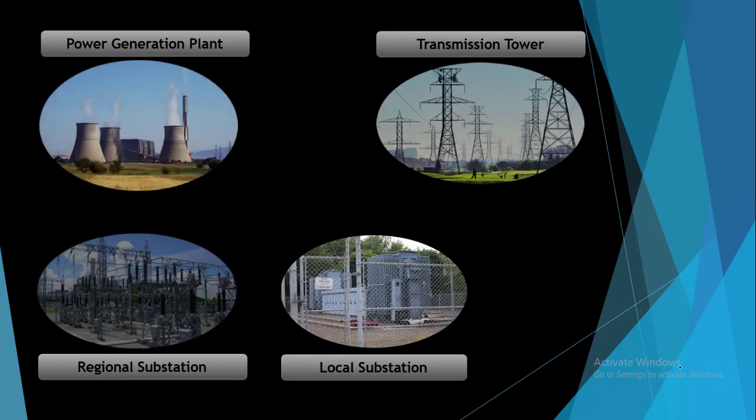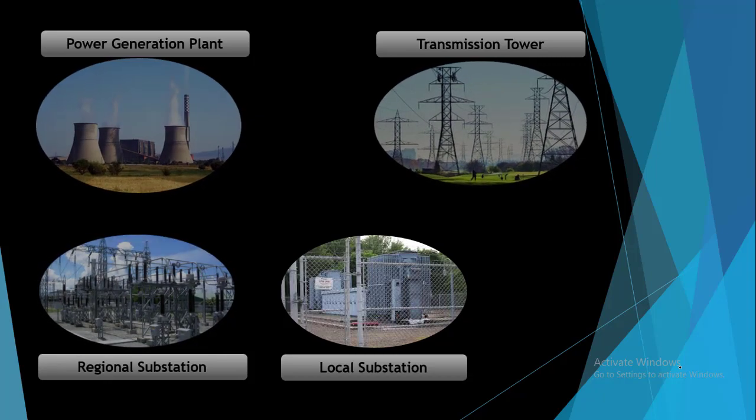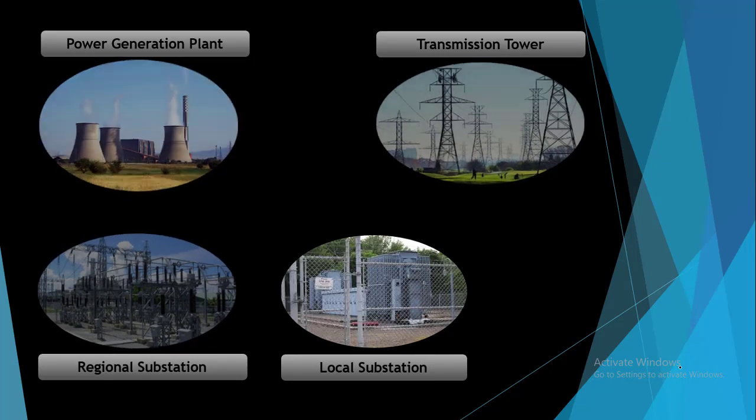The regional substations have huge transformers that pull the power from the power generation plants through the transmission towers. Once the power reaches the regional substation, the local substation further pulls the power from the regional substation.